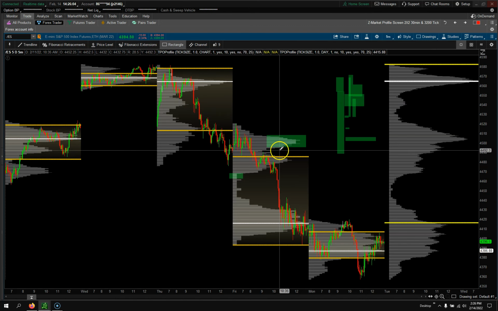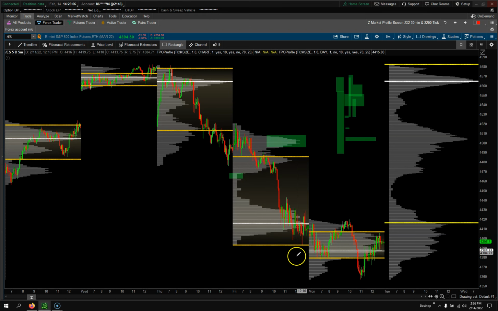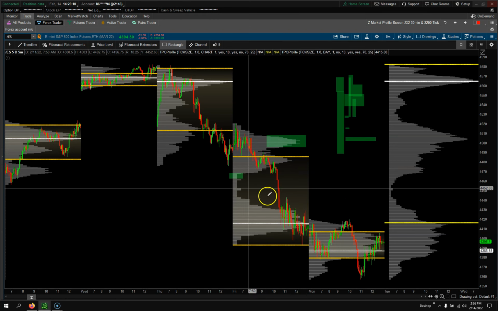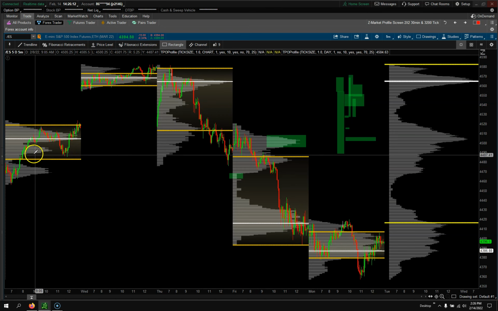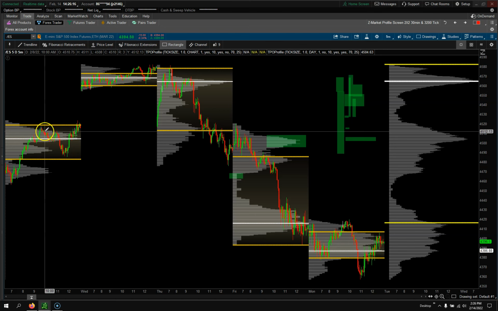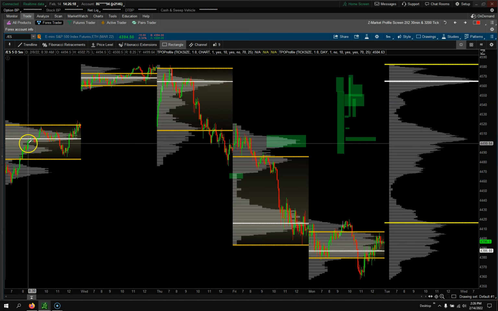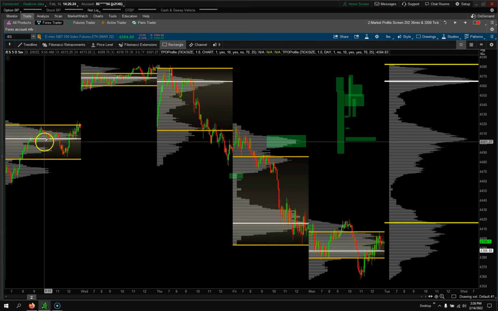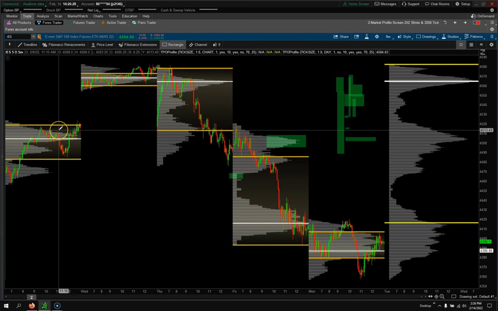A good example of this would be something very similar to this. We start to sell off right here. We could see the sell-off. Here's a low volume node. We have the big volume node. It blows through the high volume node, and then it comes right down to the low volume node, and you get the bounce.